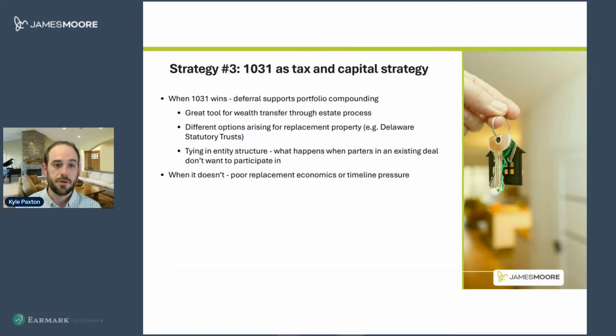You put it into another property, typically of equal or greater value, where the cash plus the debt has to be greater or equal value to avoid a taxable event, but you can have a full gain deferral on the sale of your exited property. The mechanism that trues that up is that your basis in the replacement property is reduced.